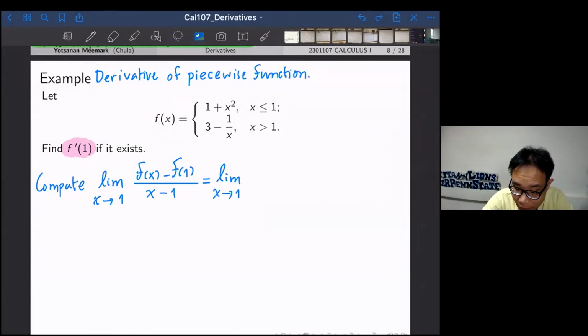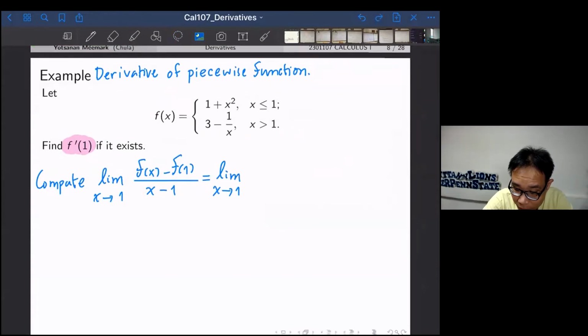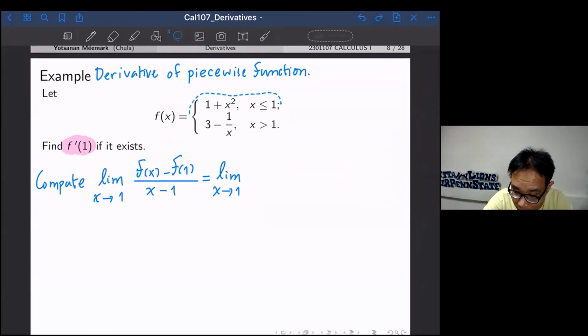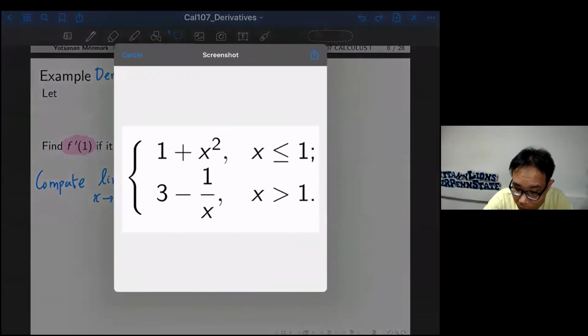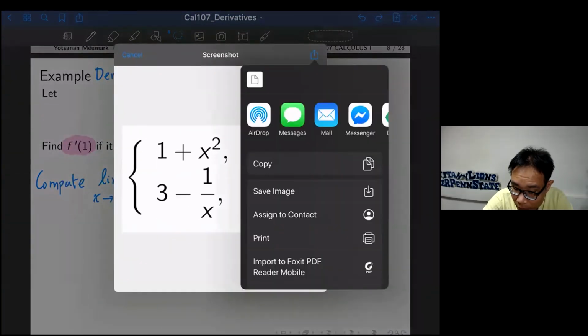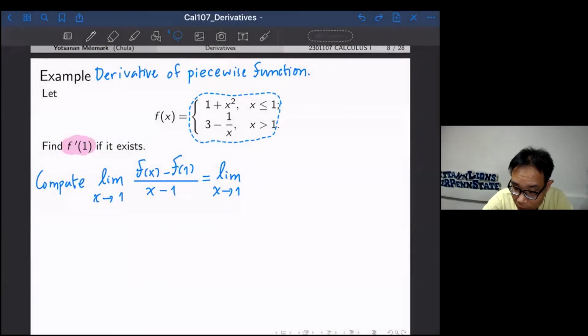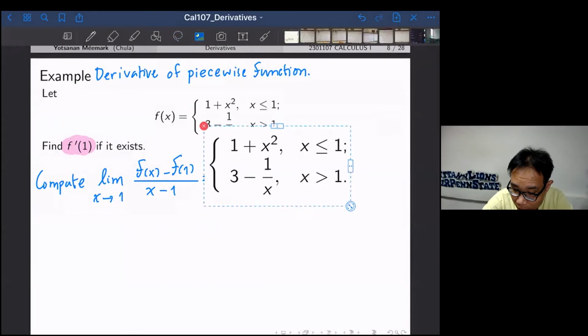Sorry, I'm just going to take the screenshot for this one only. Yes, it's going to be copy, and then I'm going to paste this.